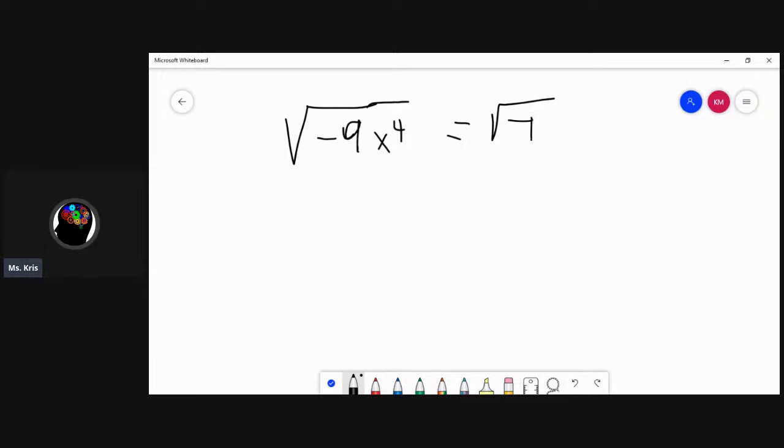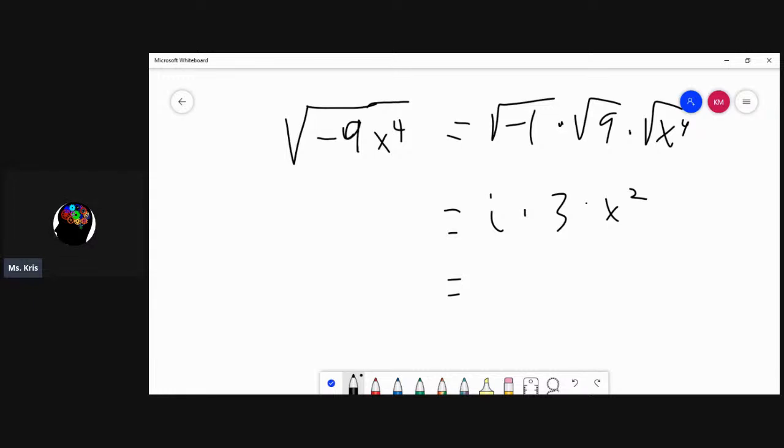So, of course, you have the square root of -1 times the square root of 9 times the square root of x to the 4th. Square root of -1 is i. Square root of 9 is 3. And the square root of x to the 4th is x squared. And so my answer is 3i x to the 2nd.